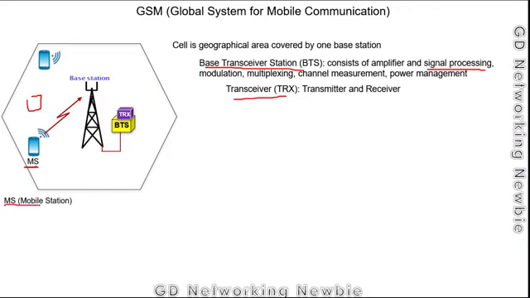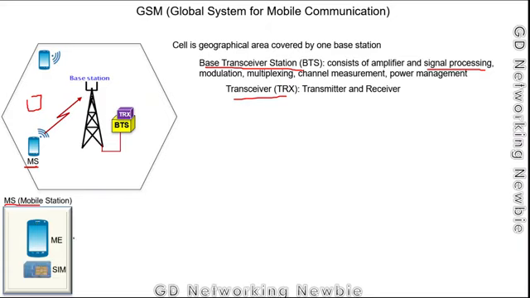That mobile station itself consists of two parts. One part is known as mobile equipment, that is the hardware device we purchase. And then we also have a SIM. We purchase this SIM separately, but collectively this is known as mobile station in the GSM system as per standard.